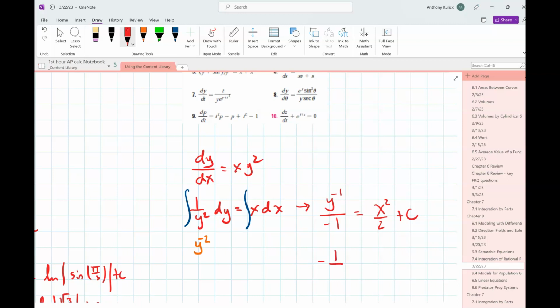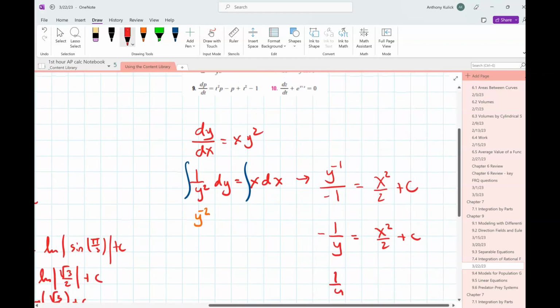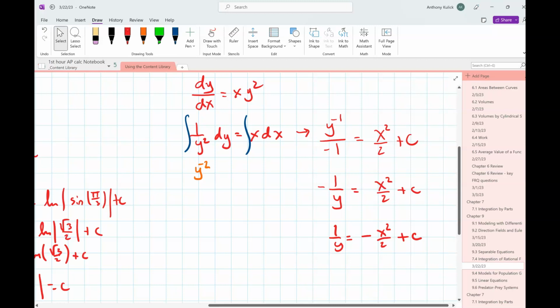So that's going to be negative 1 over y equals x squared over 2 plus c. And we can push the negative sign over. Here's the thing: I don't really need to change the negative sign on the c. It's okay if you do. But since it's an arbitrary constant, if it's subtraction, I can just think about plus the negative of the constant. So let's just call it c, so it's fine.